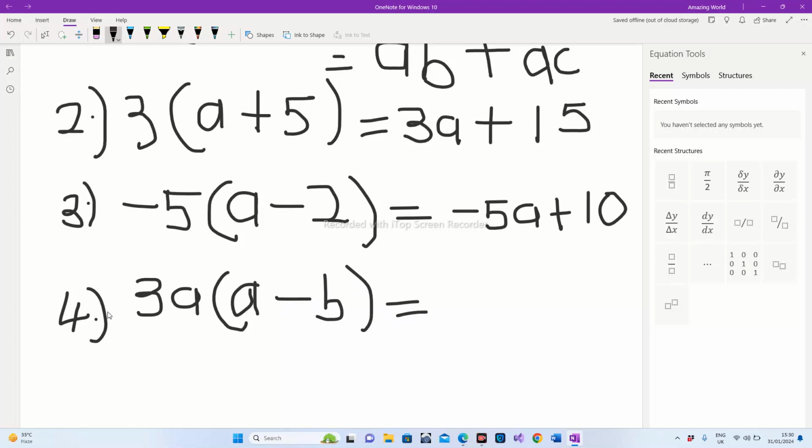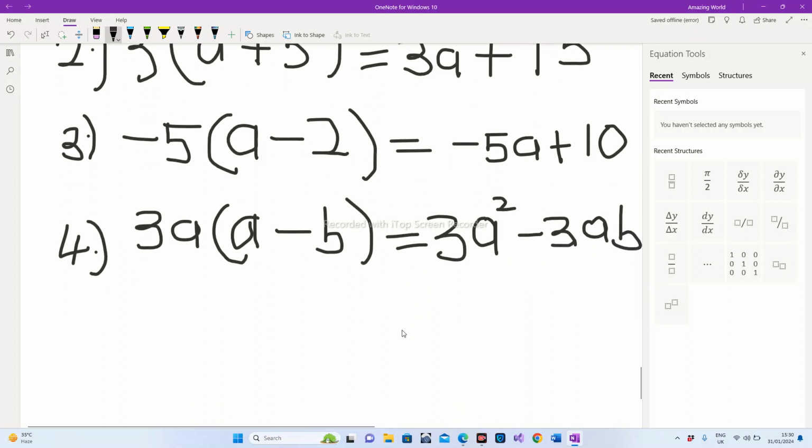So doing this very simply, we will have 3a times a, and that will give us 3a to the power of 2, or 3a squared. Then minus 3a times b will give us minus 3ab, and this is our solution. I hope that is very well understood, very easy and very simple.